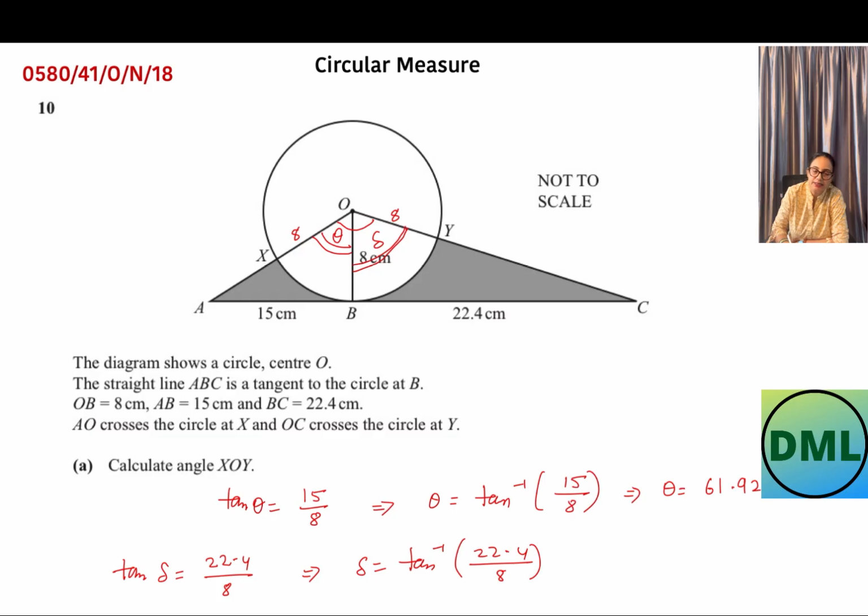If you calculate this in the calculator, this will be 70.34617. I need to find out the angle XOY, which is theta plus gamma.